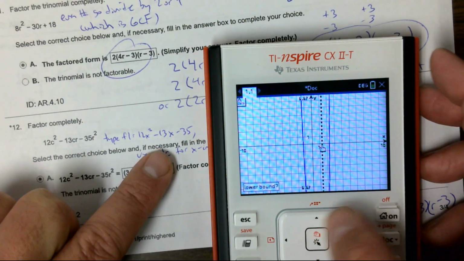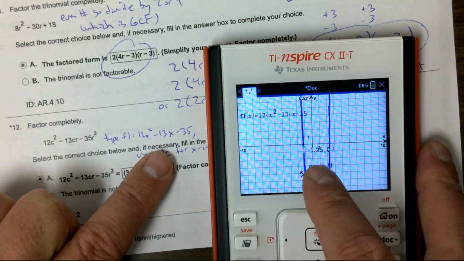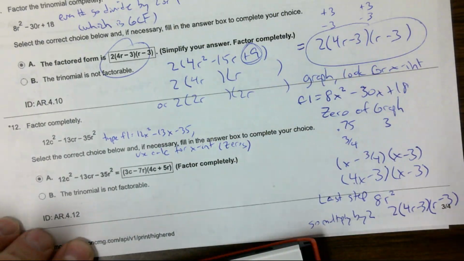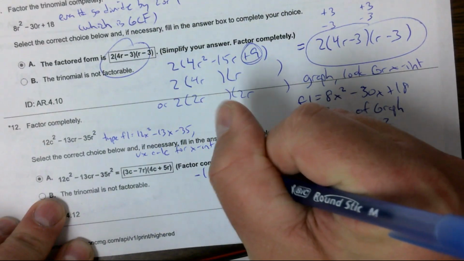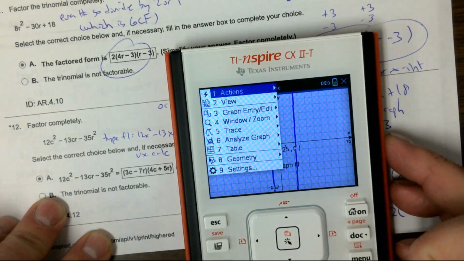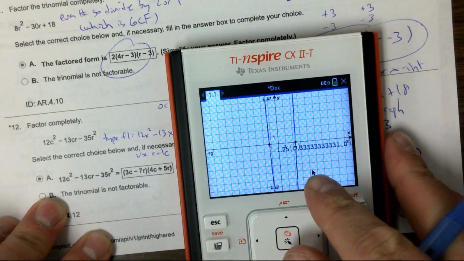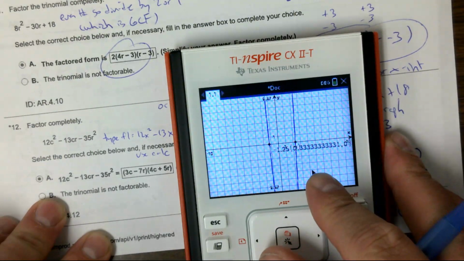One of them is, let's see, negative 1.25. And the other one is 0.3 repeat.